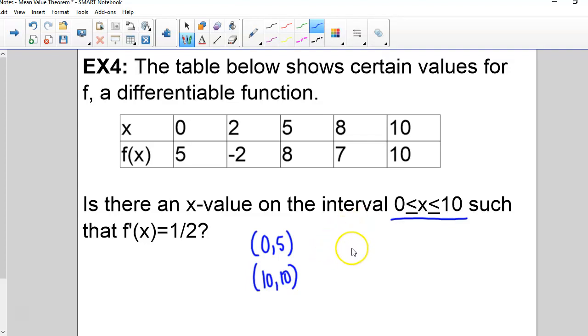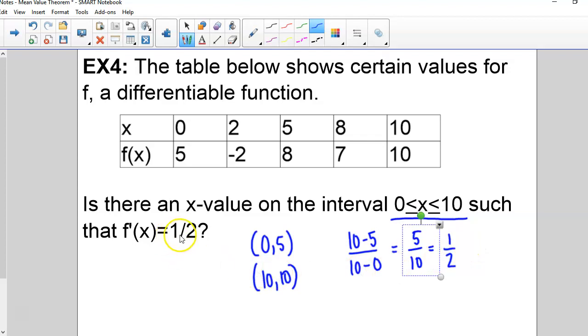And so I would say 10 minus 5 over 10 minus 0, and that would give me 5 over 10, which is 1/2. And so this is my average rate of change.